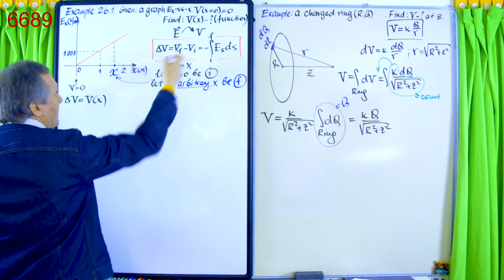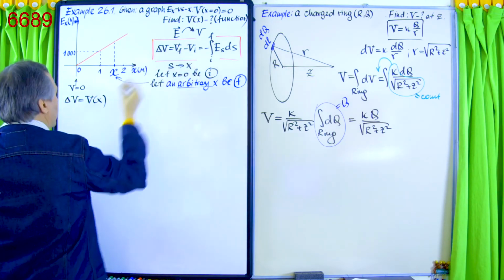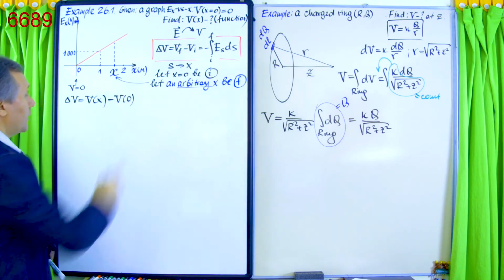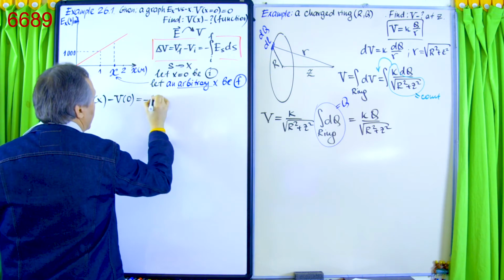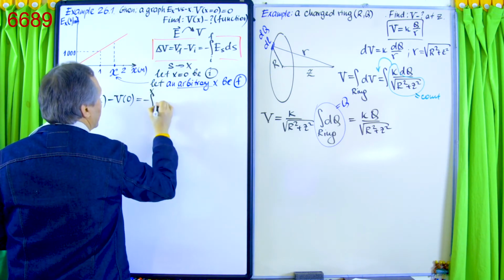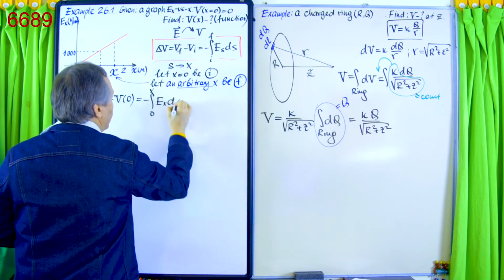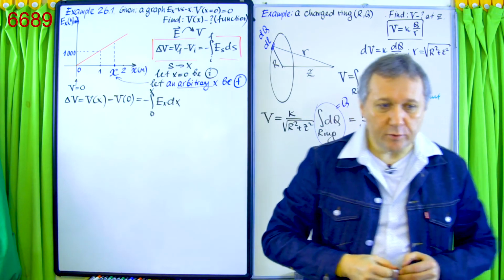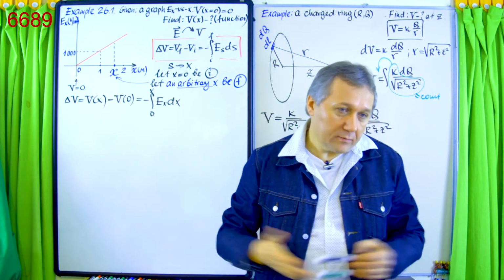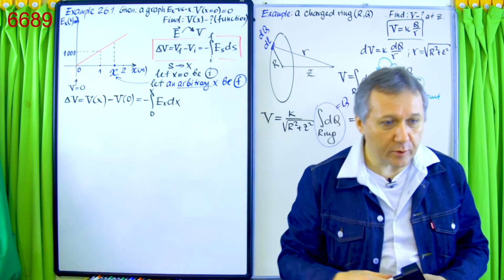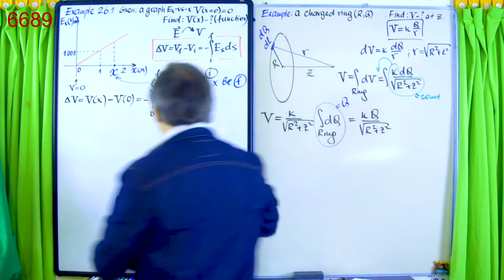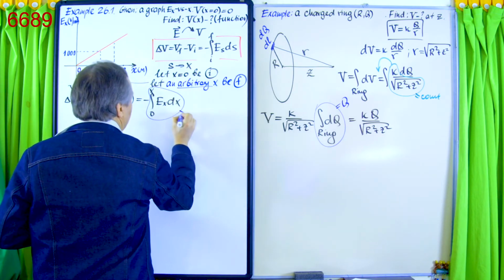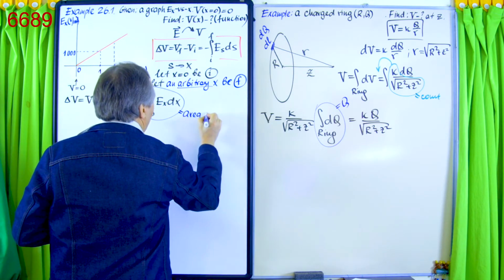Right, so this is V of x, and the initial point is 0, so it's minus V at 0, right? x equals 0. And that integral minus the integral from 0 to x of E dx. If you're familiar with integration, you can easily integrate it, but let's use the trick which we just discussed. Let's calculate the area, because this integral is just the area of a triangle.